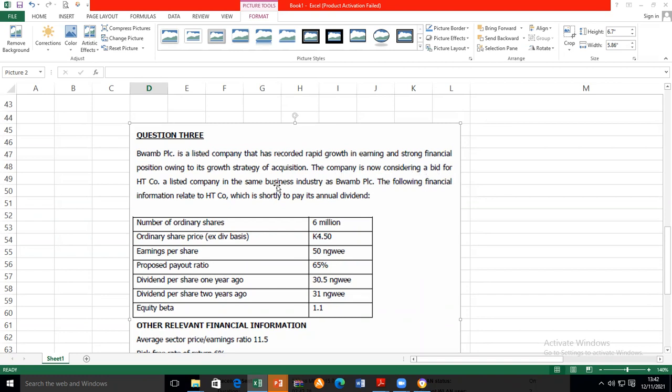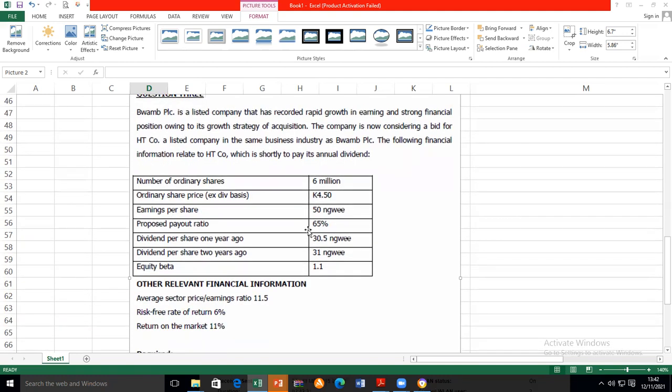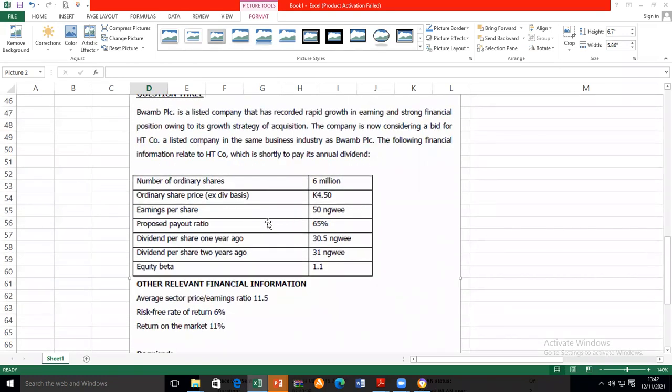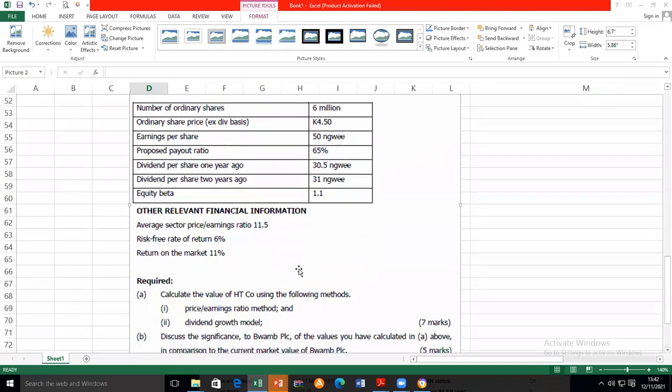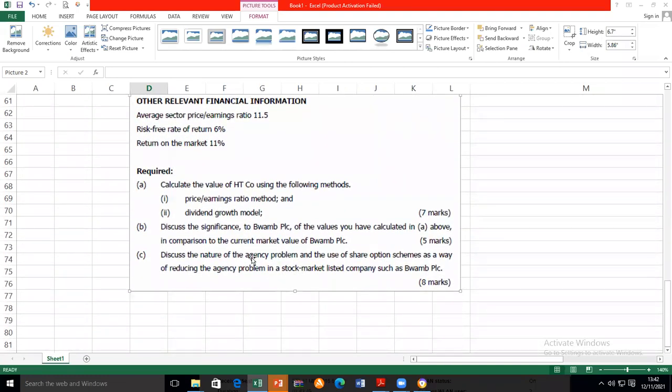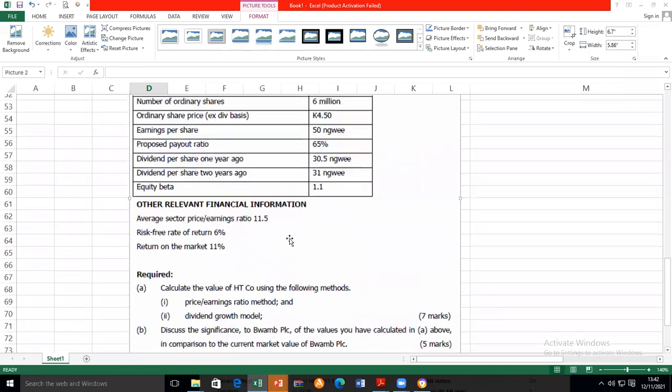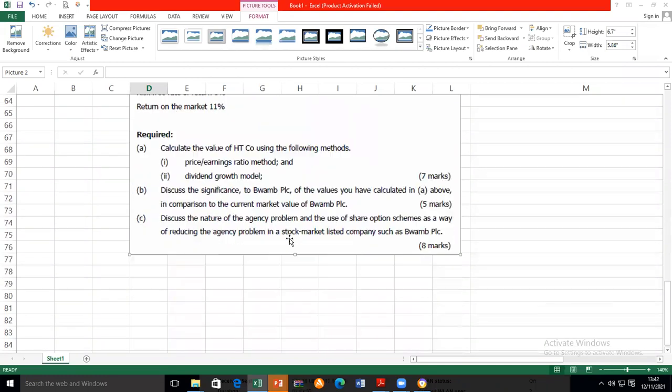The company is now considering a bid for HT, in the same industry as B. The following financial information has been given: number of ordinary shares, share price, EPS, proposed payout, dividend per share 1 year ago, 2 years ago, and the equity beta.